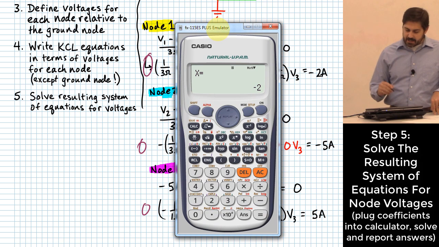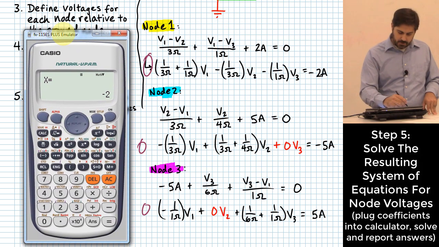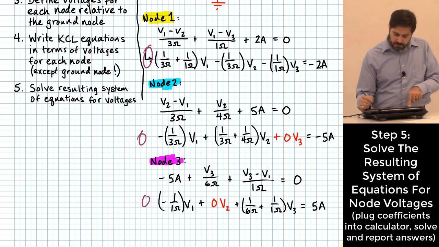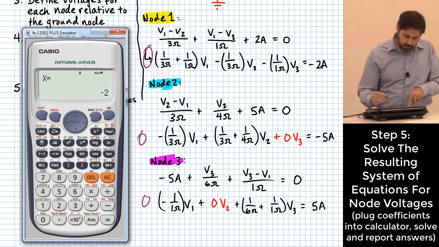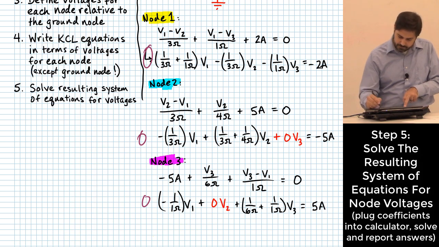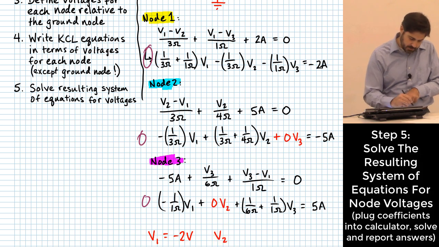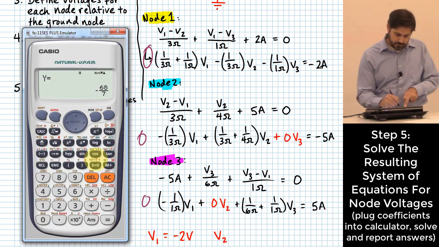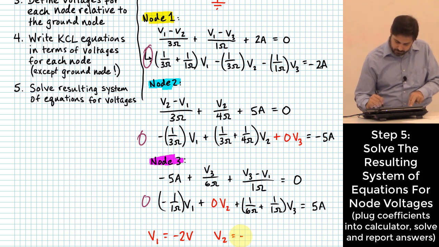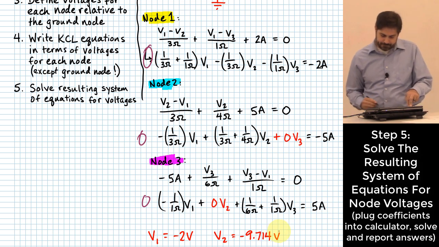What does it mean by X? Okay, it means the first of the variables that I had in my calculator, right? So that means that I write down V1 is equal to minus 2 volts. V2 is minus 9.714 volts.